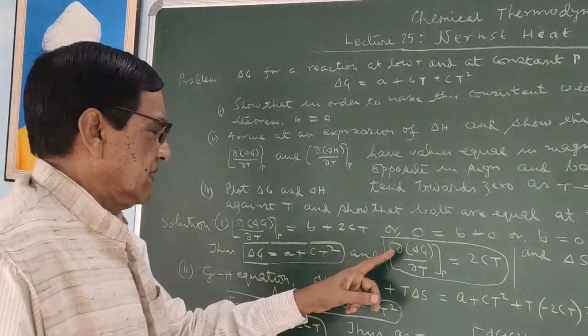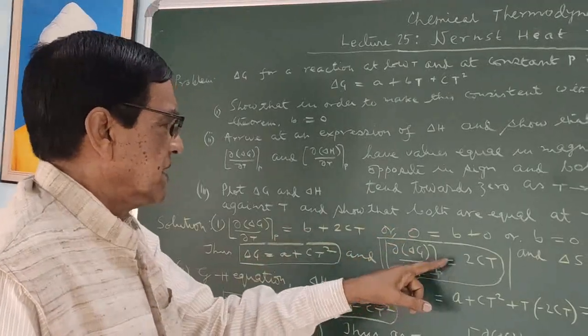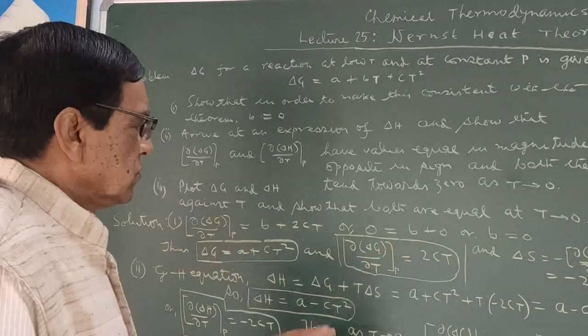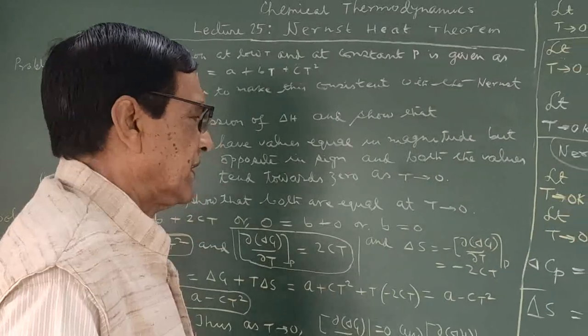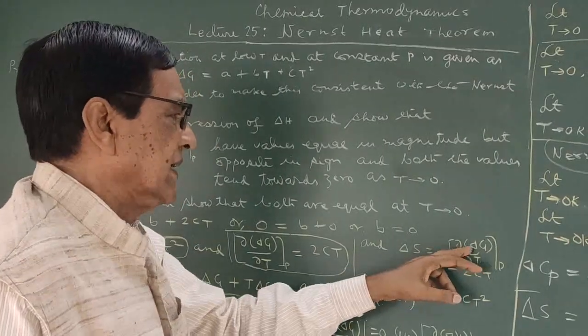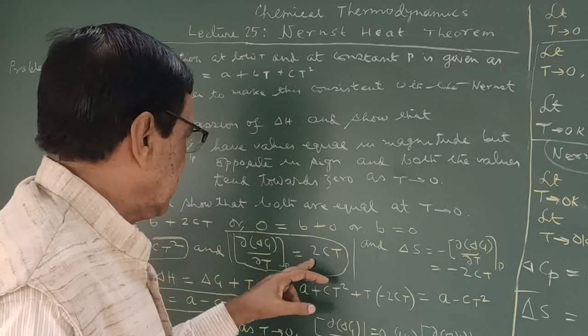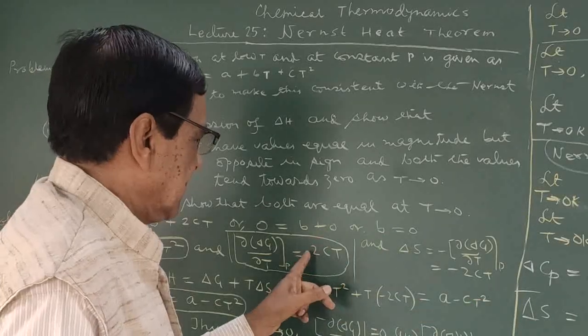So the differentiation of delta G with respect to T at constant pressure equals 2CT. This is very important. And delta S we know, delta S equal to minus del delta G by del T at constant pressure. So this relation gives delta S equal to minus 2CT.